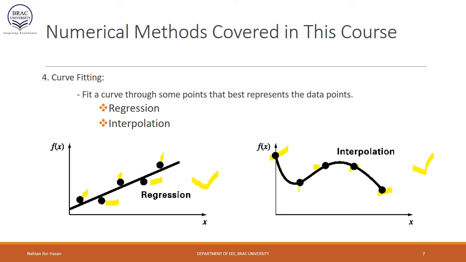That means the curve can go through the points or it cannot. It's not mandatory to go through each of the points. But in interpolation, the curve goes through each of the points. That is demonstrated in the graph. So in numerical methods, these two types will be used to find a graph between the points.